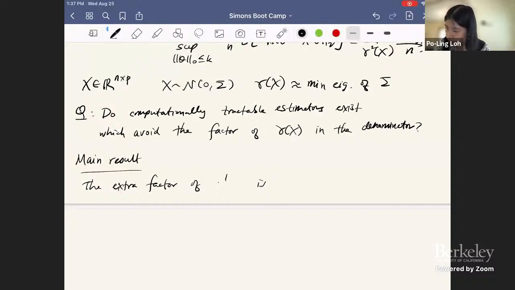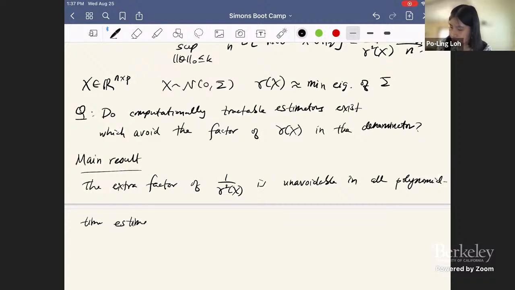The extra factor of 1 over gamma squared of x is unavoidable in all polynomial time estimators, assuming a particular conjecture in complexity theory, which is that NP is not a subset of P/poly.